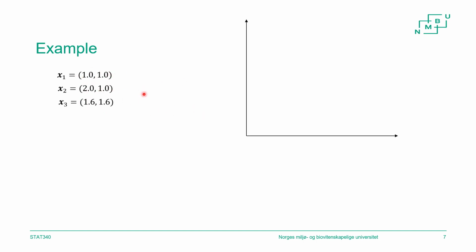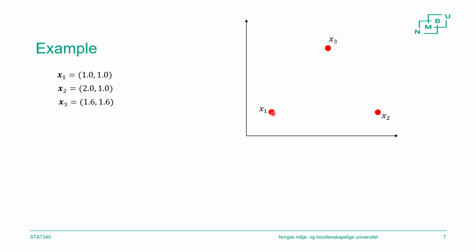If we plot this now, we have 2 axes, the first and the second axis. Then we will have x1 positioned here, x2 positioned over here, and x3 positioned over here.